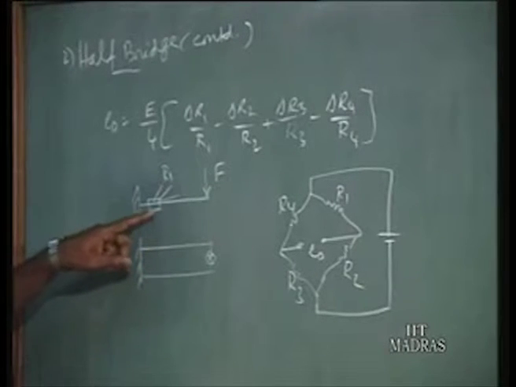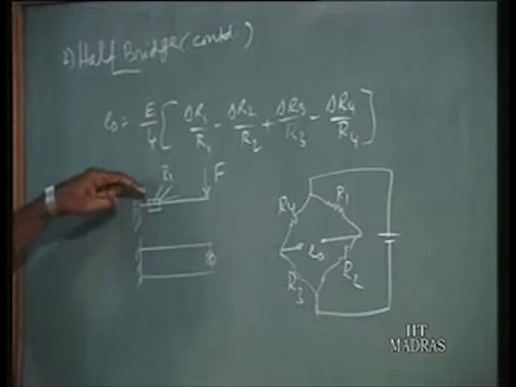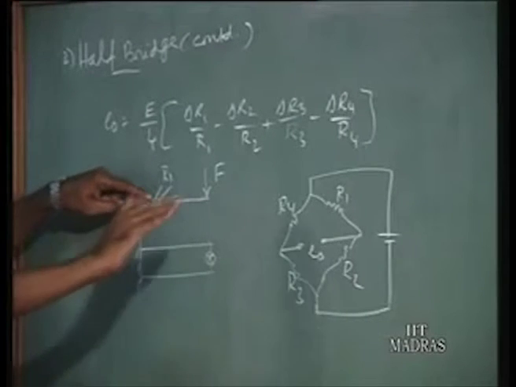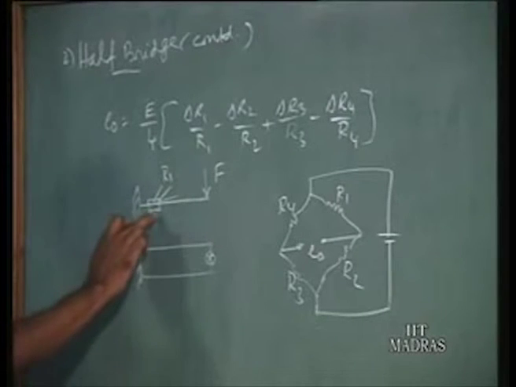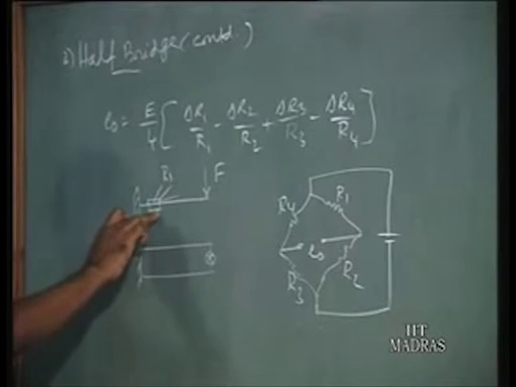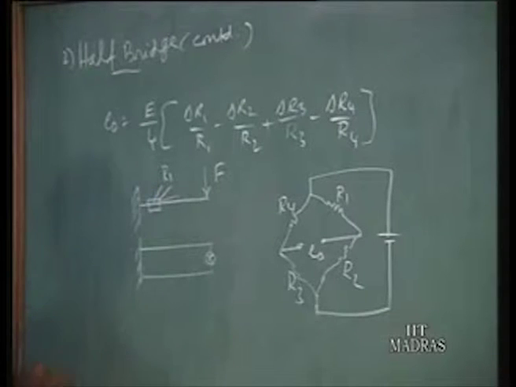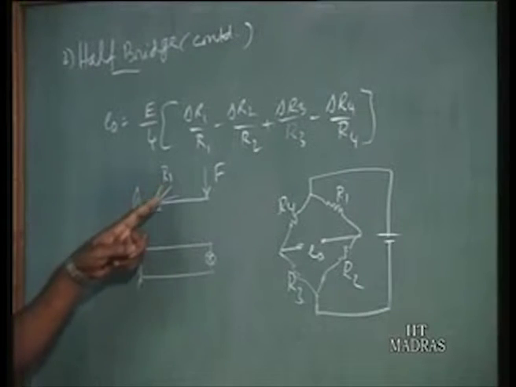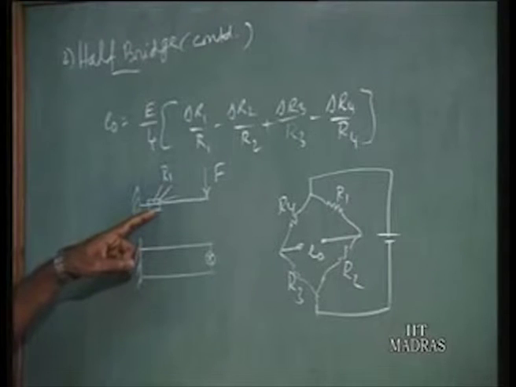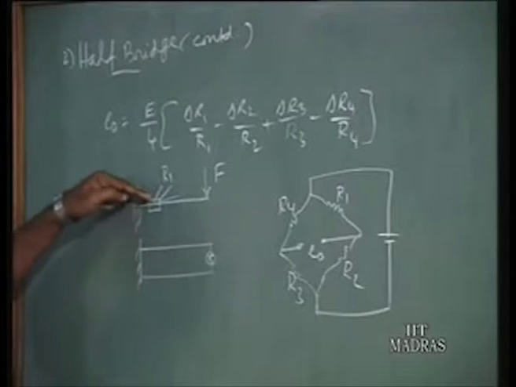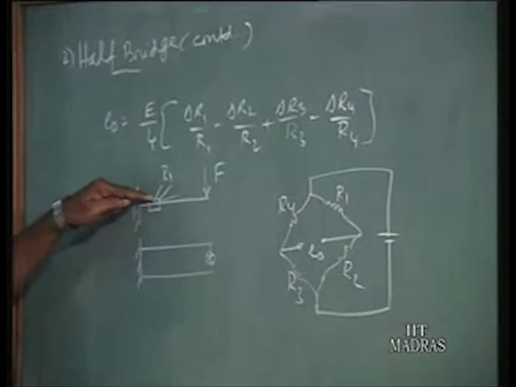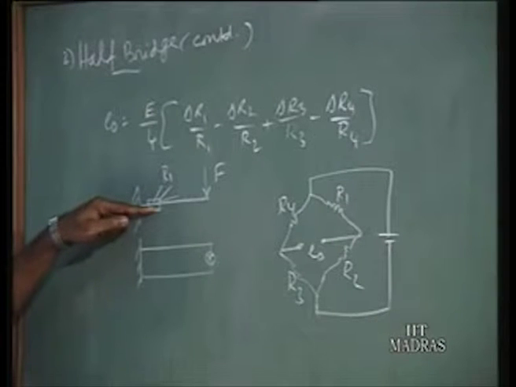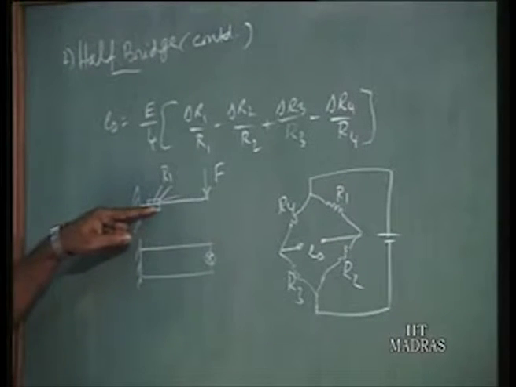Now, what is the type of strain we have got? When the top layer is tensile, for a cantilever the bottom layer will be compressive in strain. So the resistance will decrease. For R1 the resistance increases, and for the other one the resistance will decrease. If we call tensile strain positive, then we should call compressive strain negative.